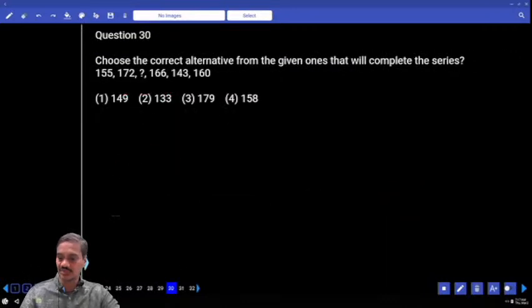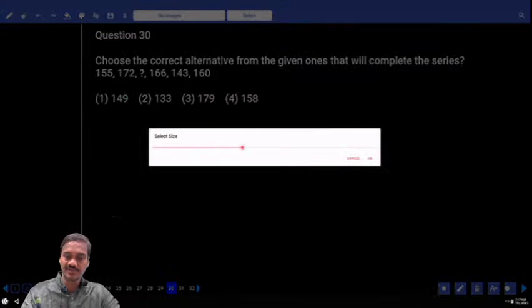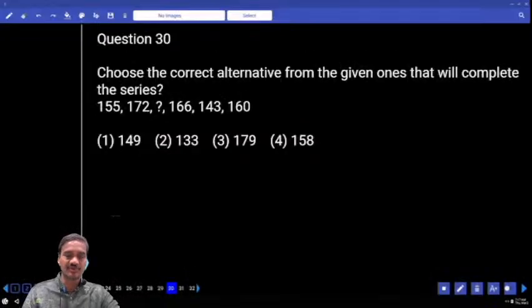Then coming to question number 30, number series. In this number series, 155, 172: what is the difference between these two? The difference is plus 17. And next after 172 we do not have any information because there is a blank in between. 166 and 143 is minus 23. Now 17 is repeated, 23 is repeated.